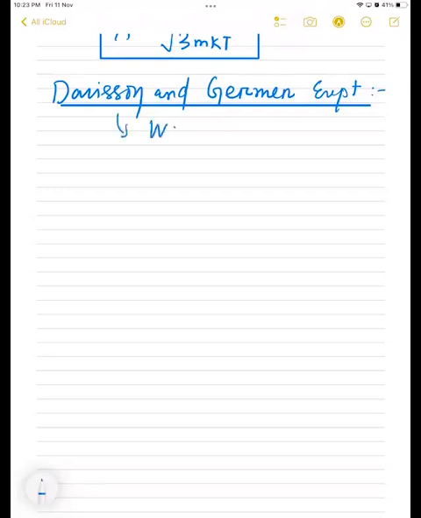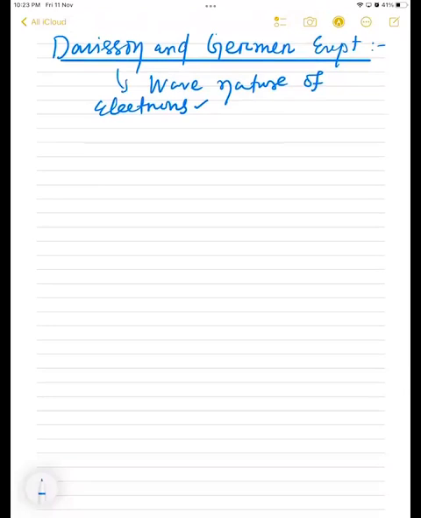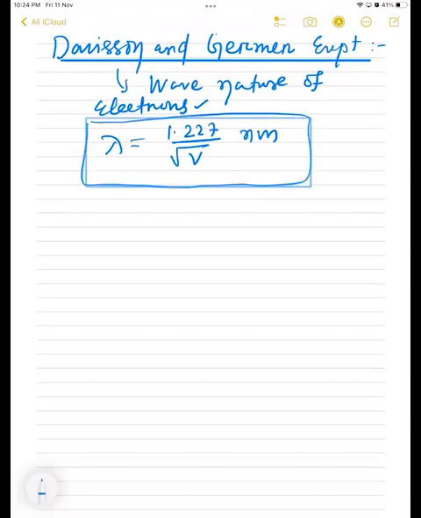Wave nature of electrons को study करने के लिए, wave nature of electrons, है ना? Correct? According to this, that is 1.227 divided by root over of V nanometer, right? This is the formula for wavelength, है ना? Correct?